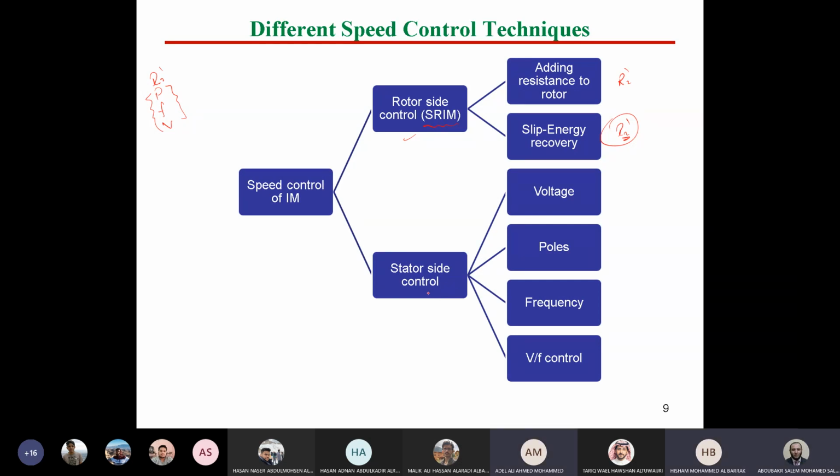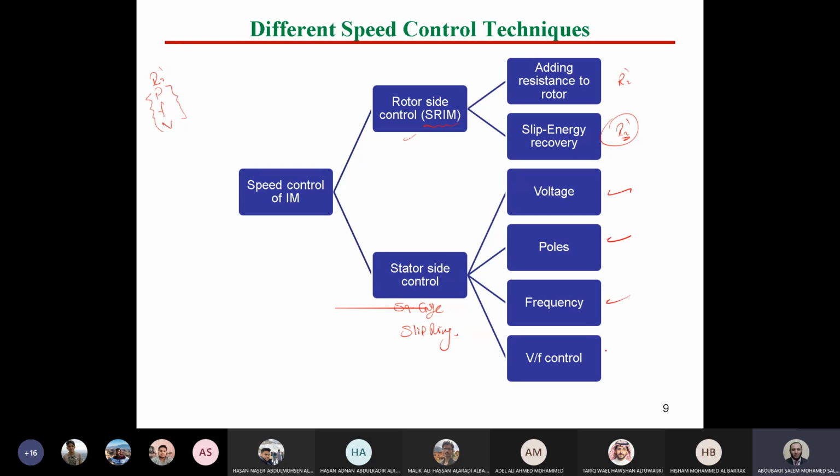I think for both. For both, exactly. So this is for squirrel cage and slip ring as well. Both motors can be controlled using these techniques, which are stator side control, which are nothing but voltage, pole, and frequency, as we discussed.